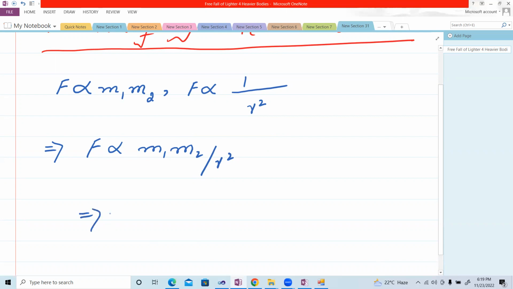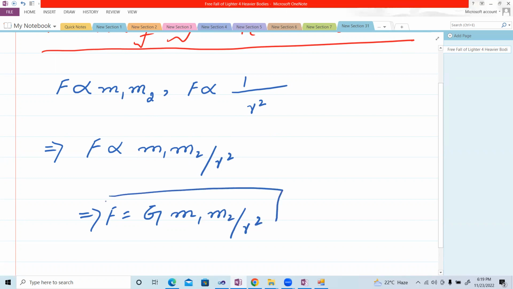That means F will be equal to, let's say, the proportionality constant, capital G. So this becomes F equals G M1 M2 over R square, right? This is the equation according to Newton's law of gravitation.